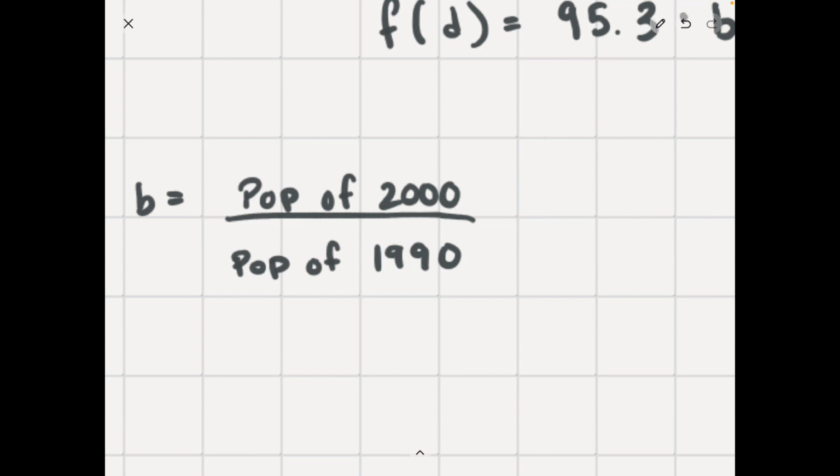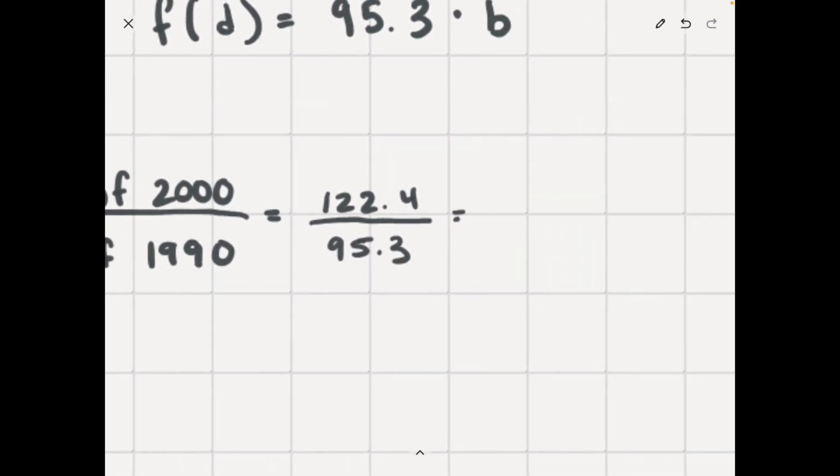If B is the growth factor for one decade, all I have to do is divide. Our two numbers were, the population in 2000 was 122.4 million, and our population in 1990 was 95.3 million.